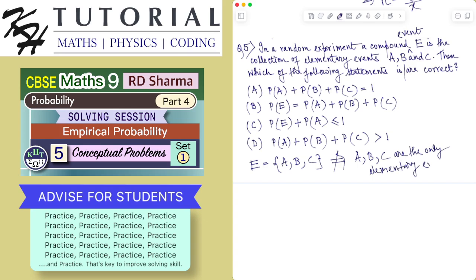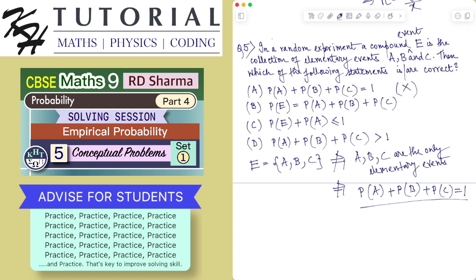There could be other elementary events, which means this does not imply that probability of A plus probability of B plus probability of C will be equal to 1. This will be true only when A, B and C are all the possible outcomes of the random experiment, or A, B and C are the only elementary events of the random experiment. So choice A is not correct.